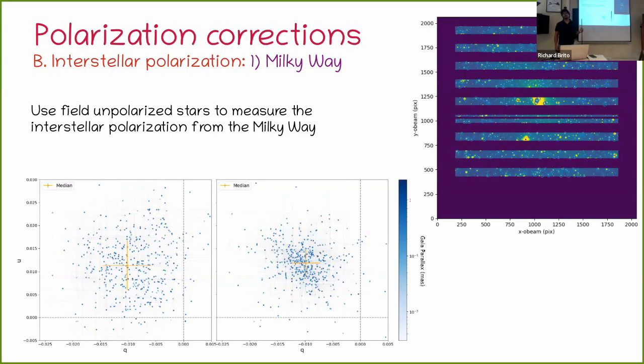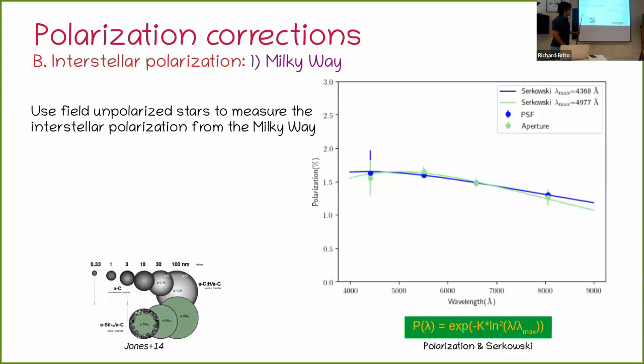That's what we are going to assume is the interstellar polarization from the Milky Way in that particular image. And you can plot the polarization as a function of wavelength for different filters, and they have this typical relation. It's called the Serkowski relation, which is typical of dust. And the point where this peaks is related to the dust particle itself, the dust size.